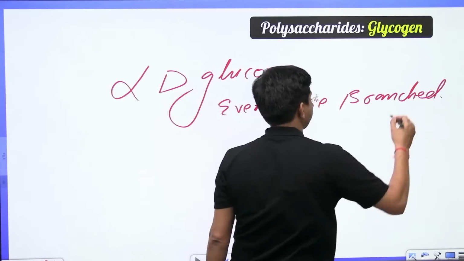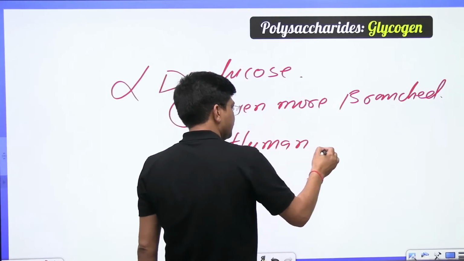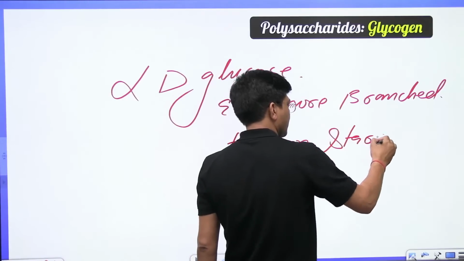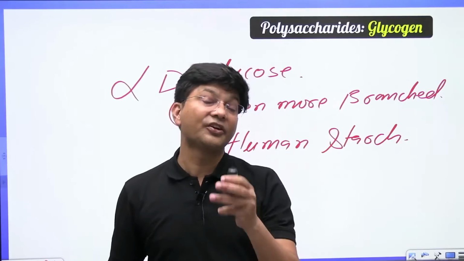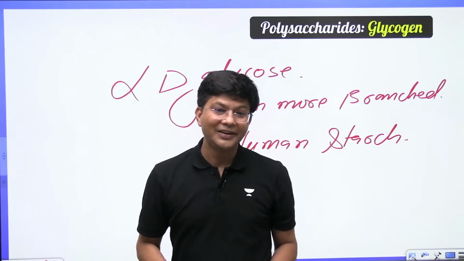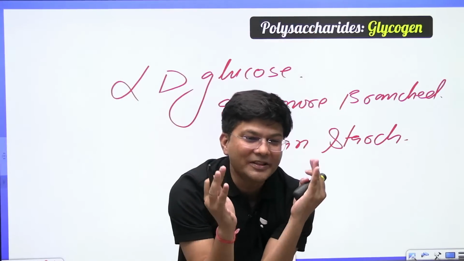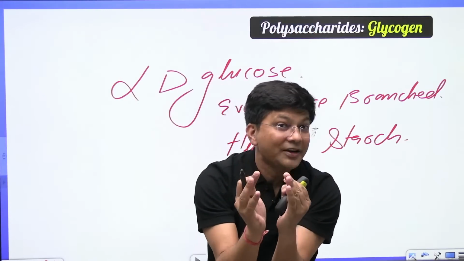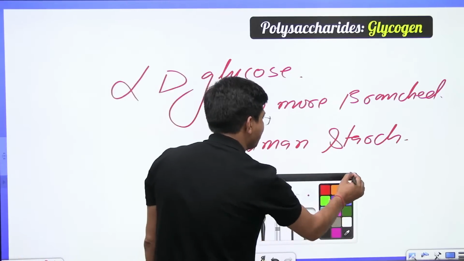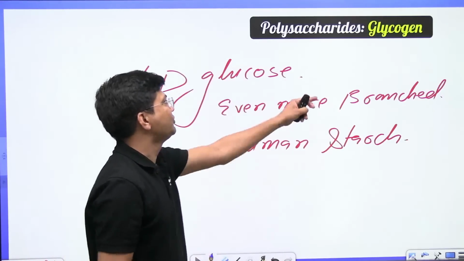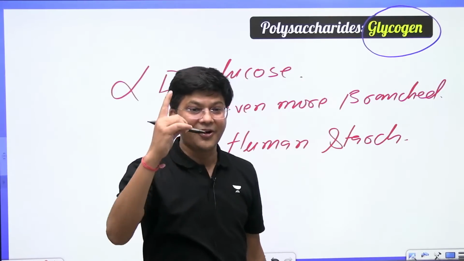This already I have told you, also known as human starch. If the question is asked in your exam, this glycogen is reducing or non-reducing? Just let me know in the chat section. I am waiting for your answer. What will you say in the exam? This glycogen is reducing or non-reducing?